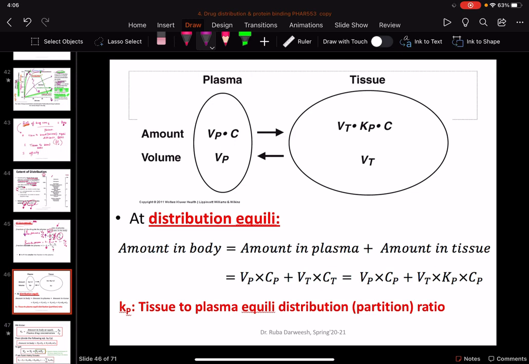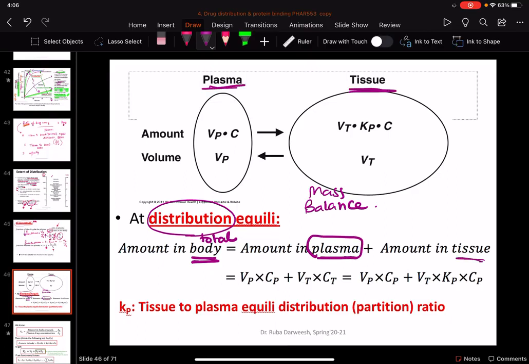Okay, so if we are talking again about distribution equilibrium, we will have a mass balance equation in which the amount in the body, which is total, equals the amount in the plasma plus the amount in the tissues. Okay, let's consider that we are talking about one of them.